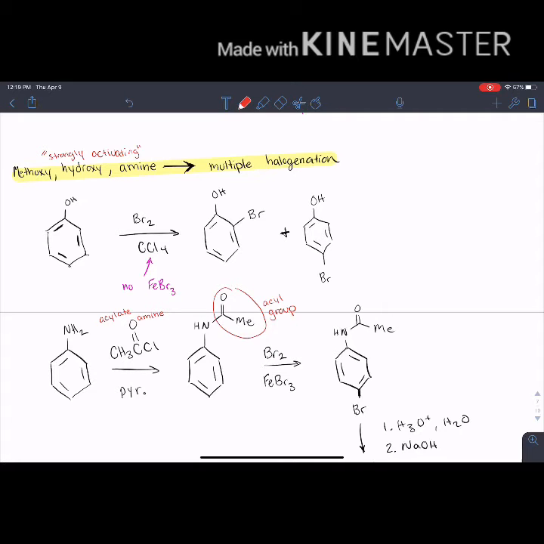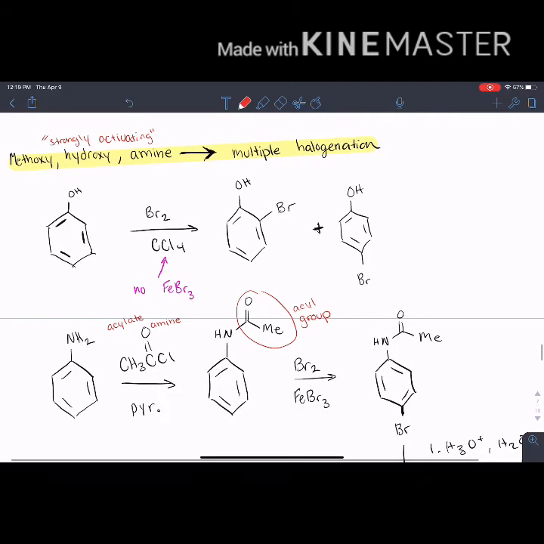So for hydroxy groups, you're just not going to use the catalyst FeBr3, and you can just do Br2 in CCl4. That will allow monohalogenation. I would still say para is favored, but ortho would also occur.